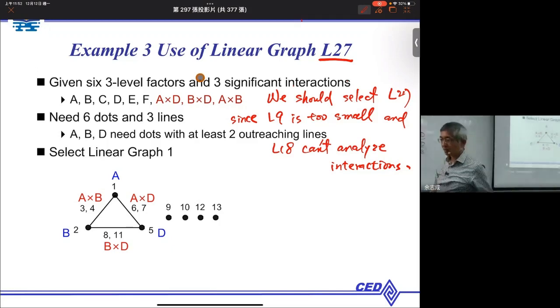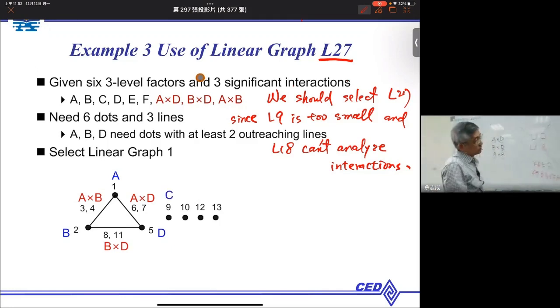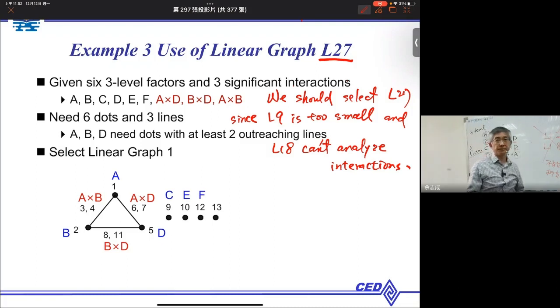So for the rest of the 3 factors, let's put C in column 9 because column 9 is empty. Same thing, column 10 and column 12. Any questions? Any questions? Okay.